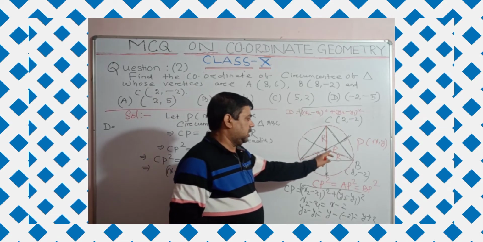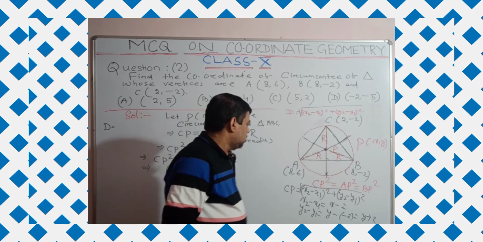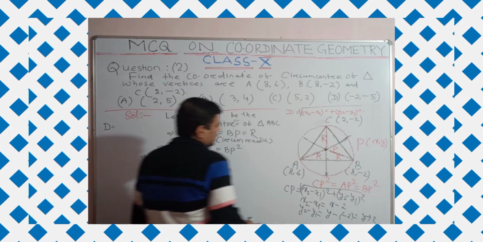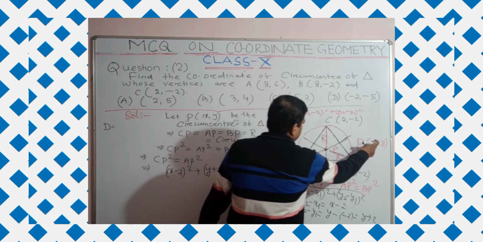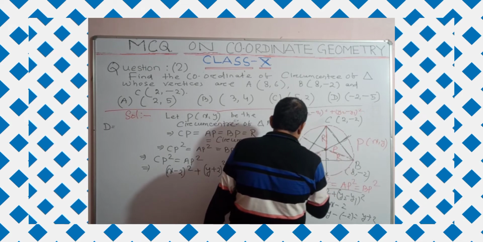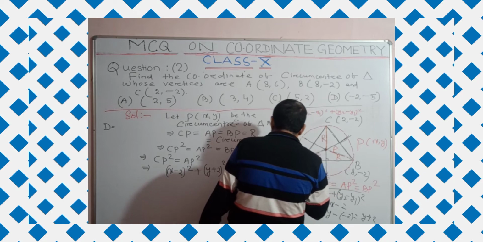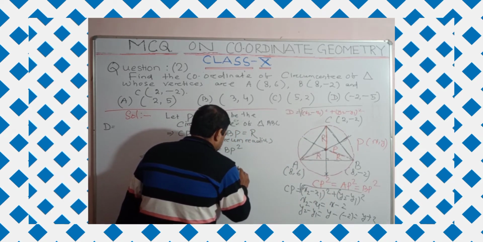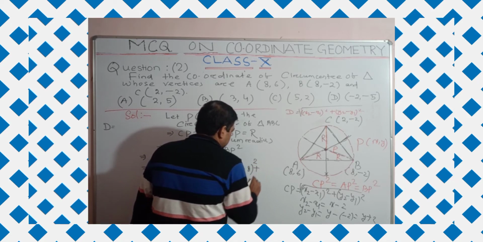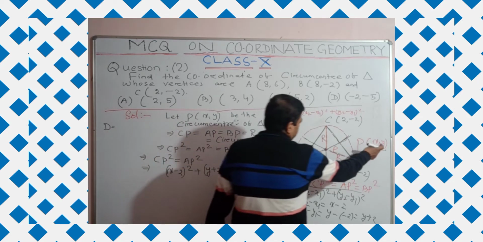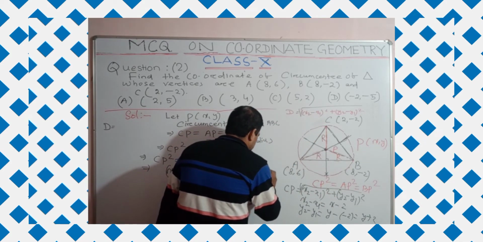Similarly, AP square: here x2 is x and x1 is 8, so x minus 8 whole square, plus y2 minus y1, which is y minus 6, whole square.